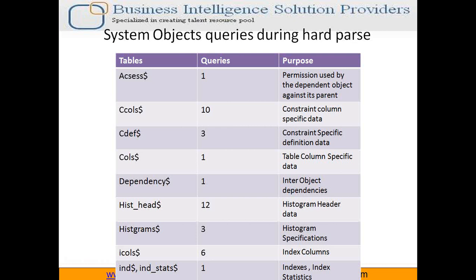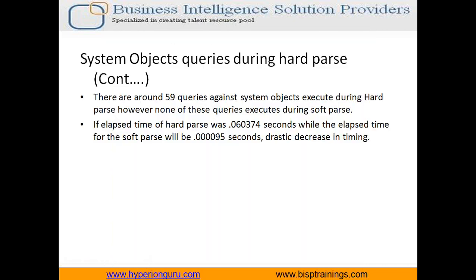So if your query is in the library cache, it will go for the soft parsing, and you can save the time Oracle would spend going through these tables. Okay, system object. It is said that around 59 queries against the system objects are executed during the hard parse.